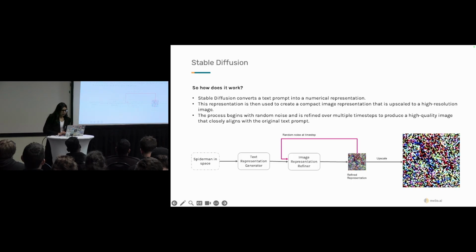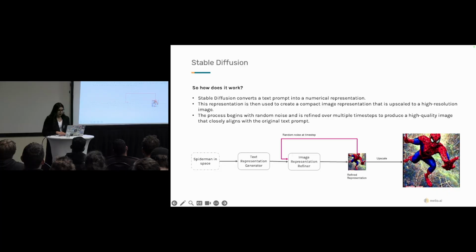Now, Stable Diffusion starts by transforming a text prompt into a numerical representation that effectively summarizes your text input. So you would see in the first block, we have our prompt as Spider-Man in space. Now, by using this image representation, instead of generating high-resolution images directly, the model enhances computational efficiency.